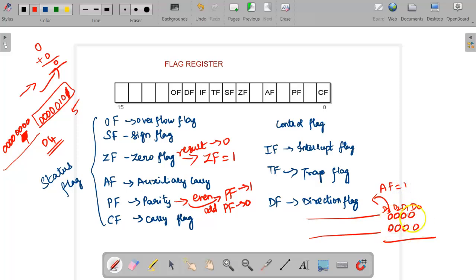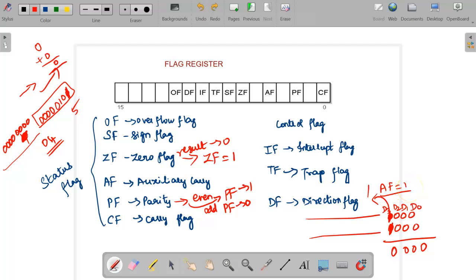For example, if you are doing an addition operation, here you have 1, here also you have 1, and 1 plus 1 is 0, followed by a carry of 1. So if you are having a carry from the fourth bit, the auxiliary carry flag will be set to 1. If you are not getting any carry, the auxiliary carry flag will be 0.